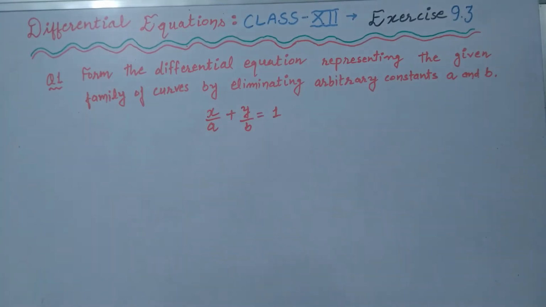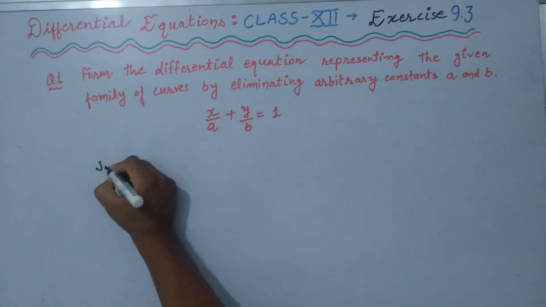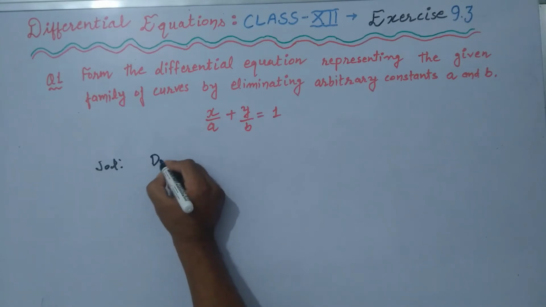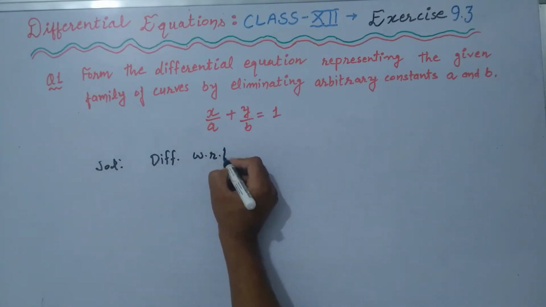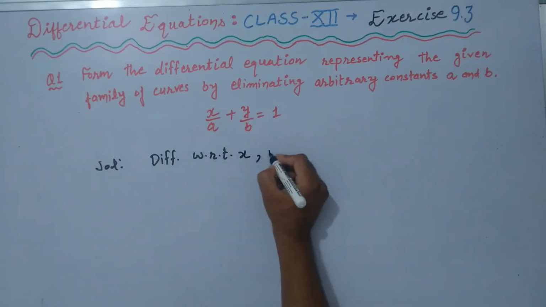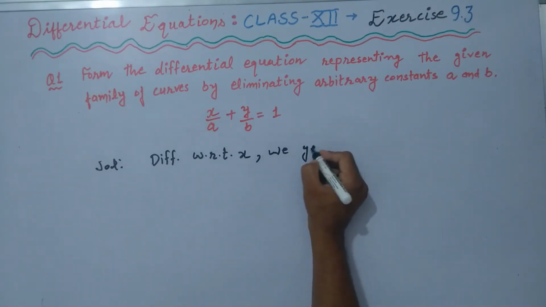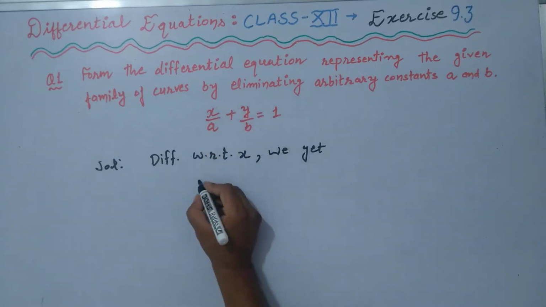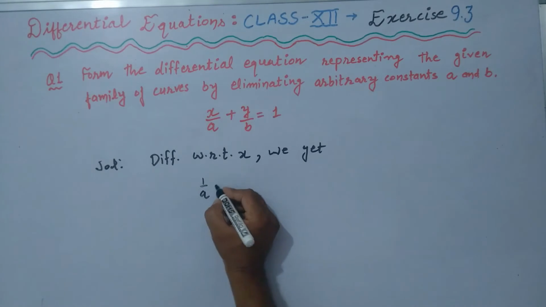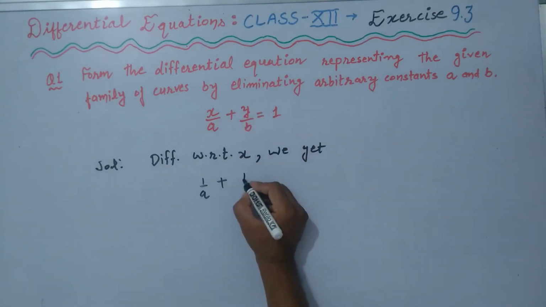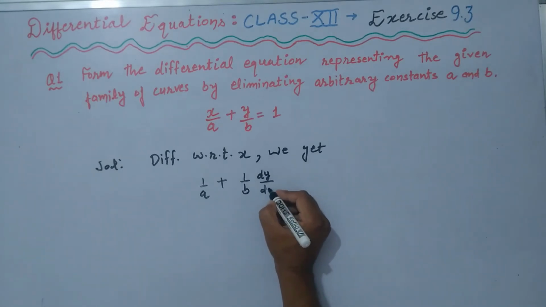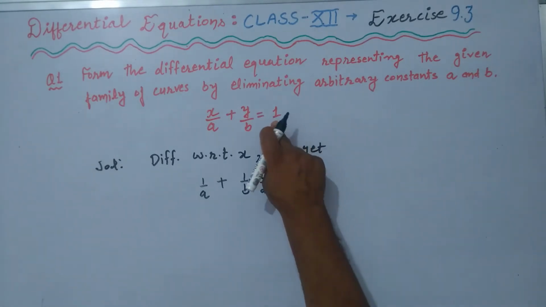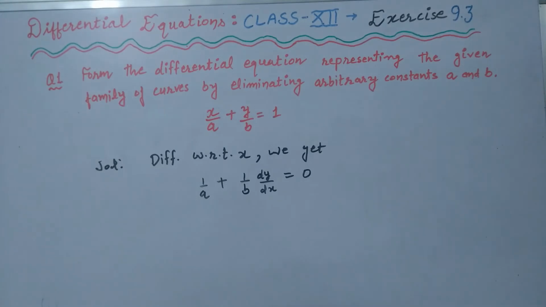So first of all, differentiating with respect to x, we get 1 upon a plus 1 upon b into dy upon dx is equal to derivative of 1, which is 0.